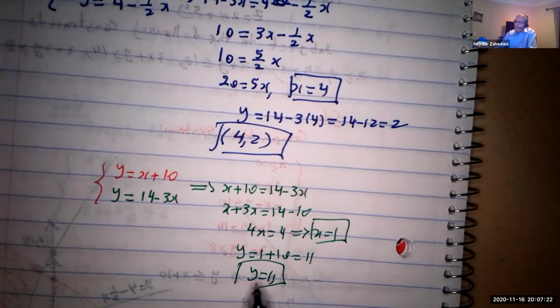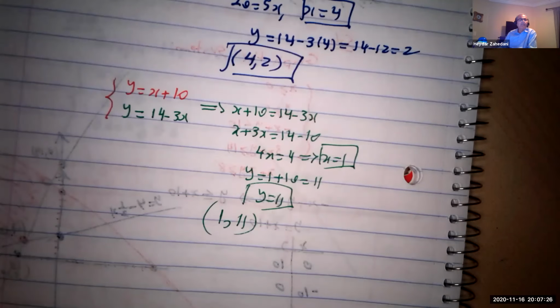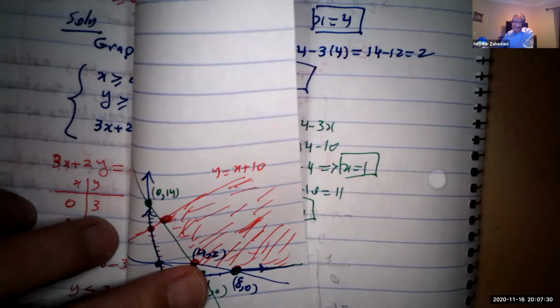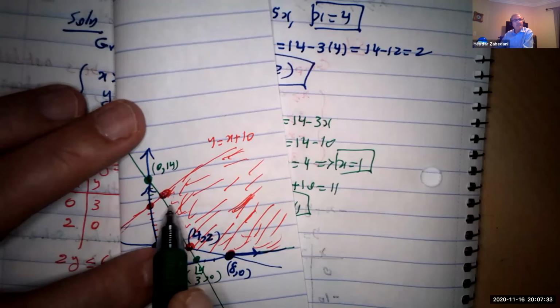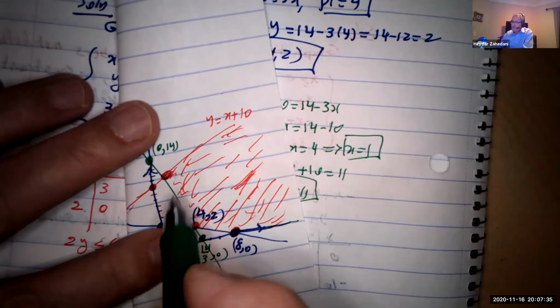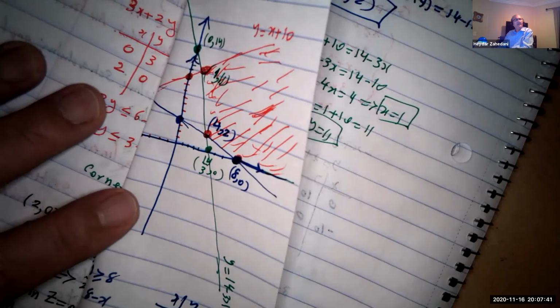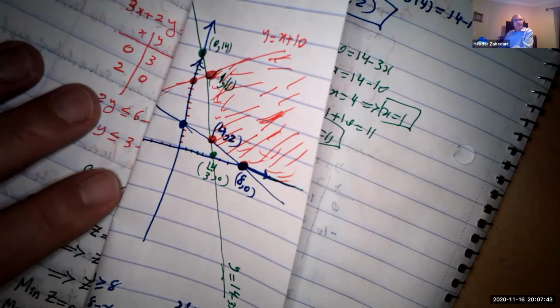So the other corner point is going to be 1 and 11. So you have 3 corner points: 8 and 0, 4 and 2, 1 and 11.